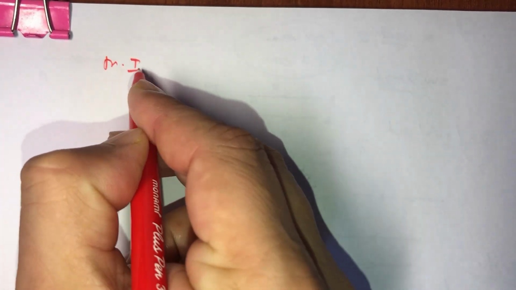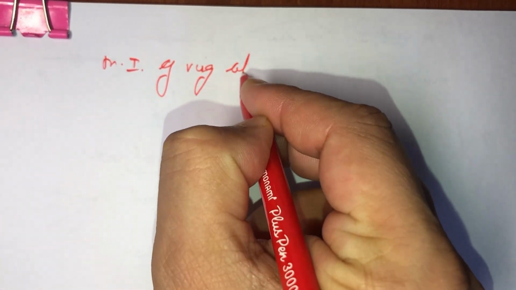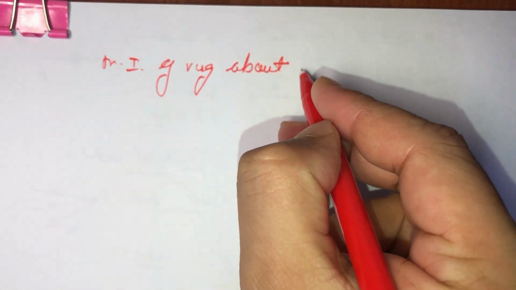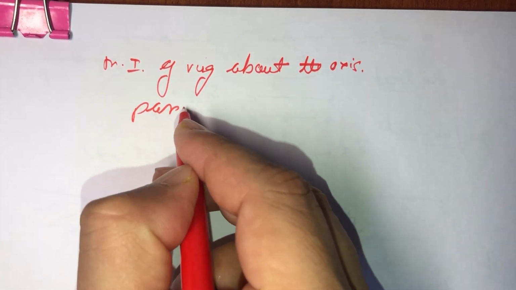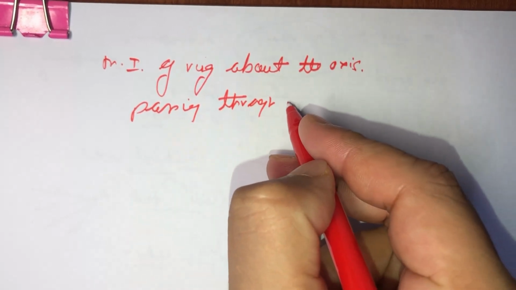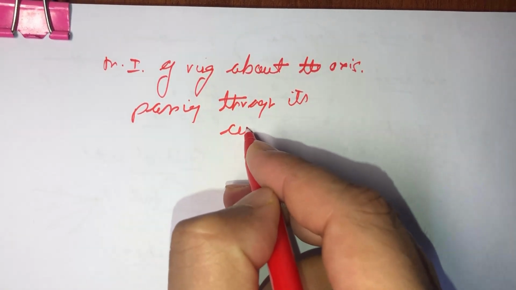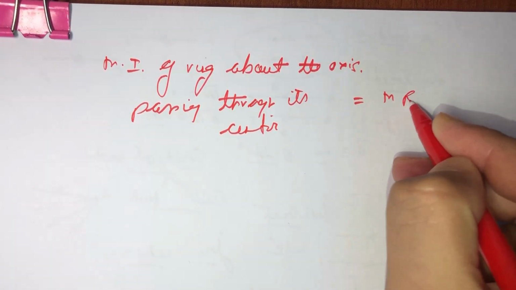Now we already know the formula for the moment of inertia of the ring around the axis which is passing through the center. So we can say the moment of inertia of the ring about the axis passing through its center will be equal to mr square.